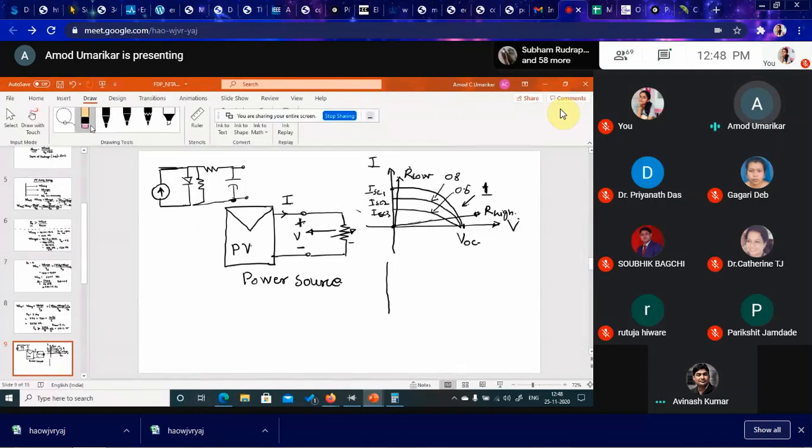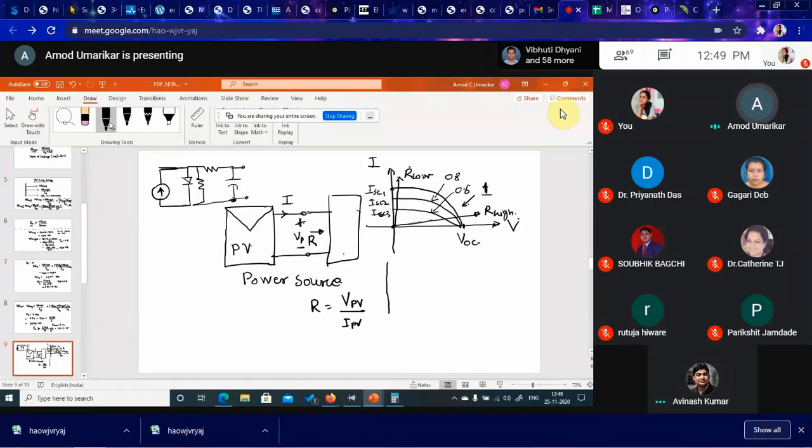So our goal is this V and I. When you connect the solar panel to the external world, the equivalent resistance seen is R equals V_PV upon I_PV.